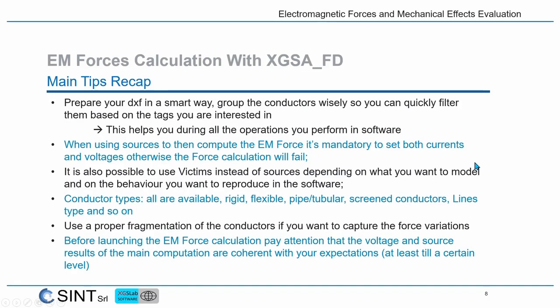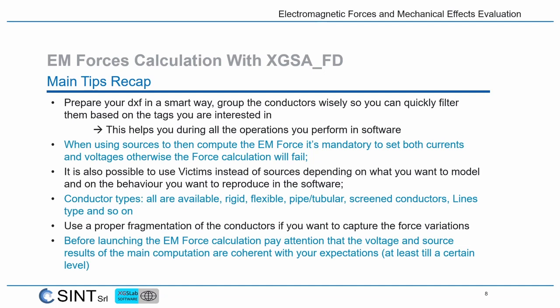As main tips, it's important to prepare the DXF in a smart way and to group the conductors such that you can quickly filter them given some tags, and if the tags are set correctly since the beginning, this will help you during all the operations you want to perform in the software.